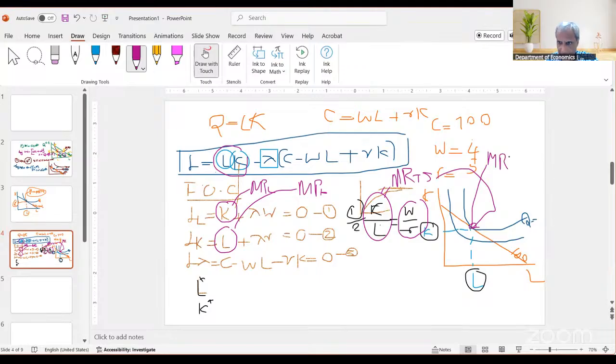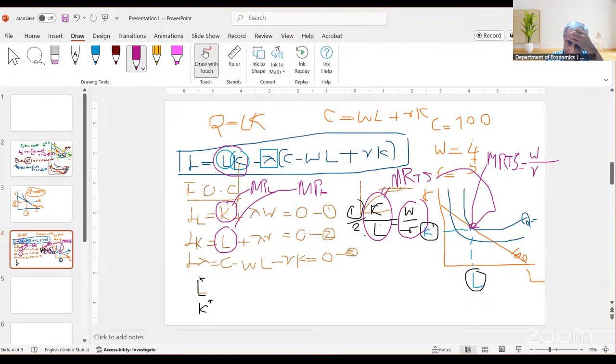So that's what we call the direct method: MRTS equals the input price ratio. With that, you can start and write.